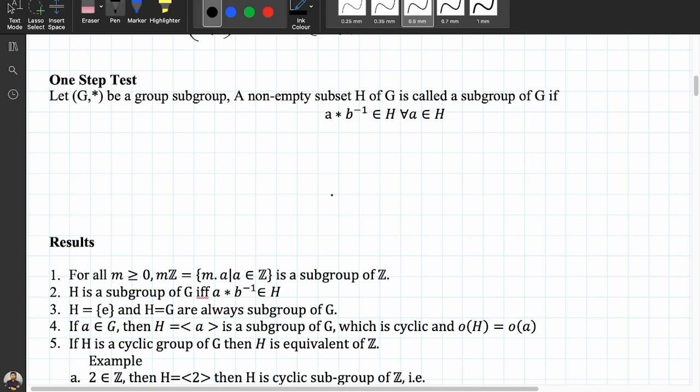Now from here there is one more concept, the one step test of subgroup. What is the meaning of one step test?